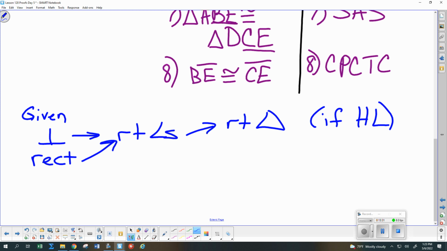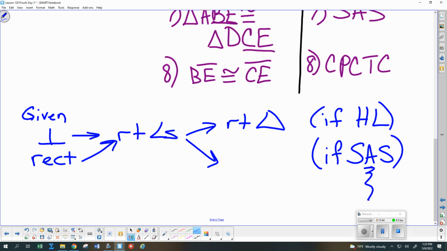But if you want to use SAS like we just did in this proof, you don't care that they're right triangles even though they are. What you need is congruent angles. So you need to say that all right angles are congruent to be able to use SAS. Any questions on anything? Then it is time for you to work on that homework set.